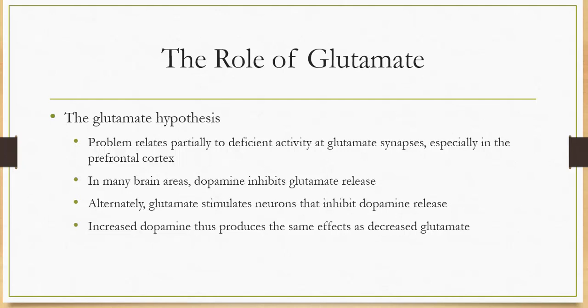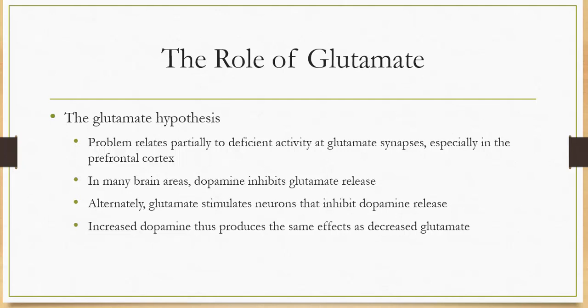They talk in the textbook about PCP, and that PCP works on glutamate, and that you see a lot of the same symptoms in people on PCP as in schizophrenia. Some of the more negative symptoms, like lack of affect and undifferentiated walking, those similar things.